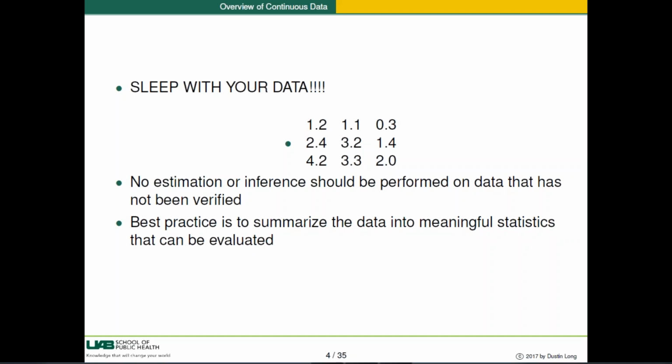Some examples of this would be, I've gotten data from large electronic medical records before, and you sometimes get data that are weights or heights that are a mixture of centimeters and inches or pounds and kilograms. And sometimes those are easy to pick out.